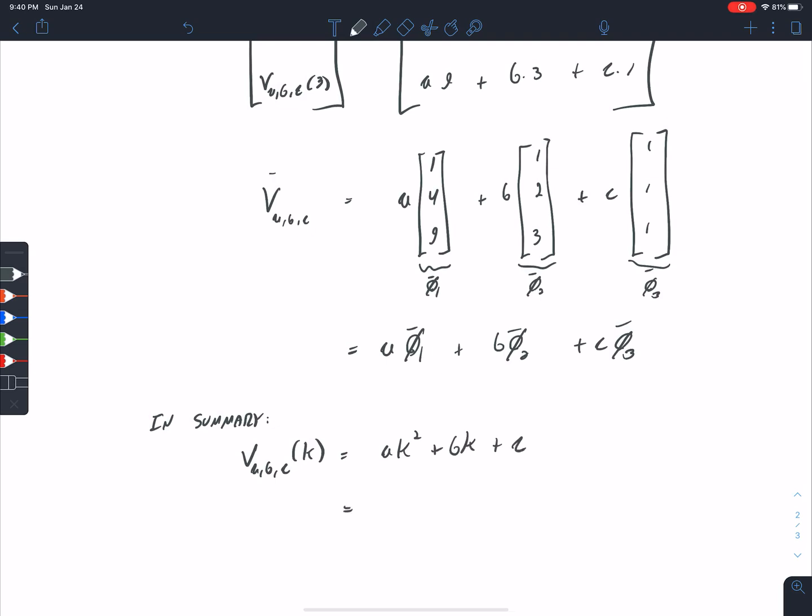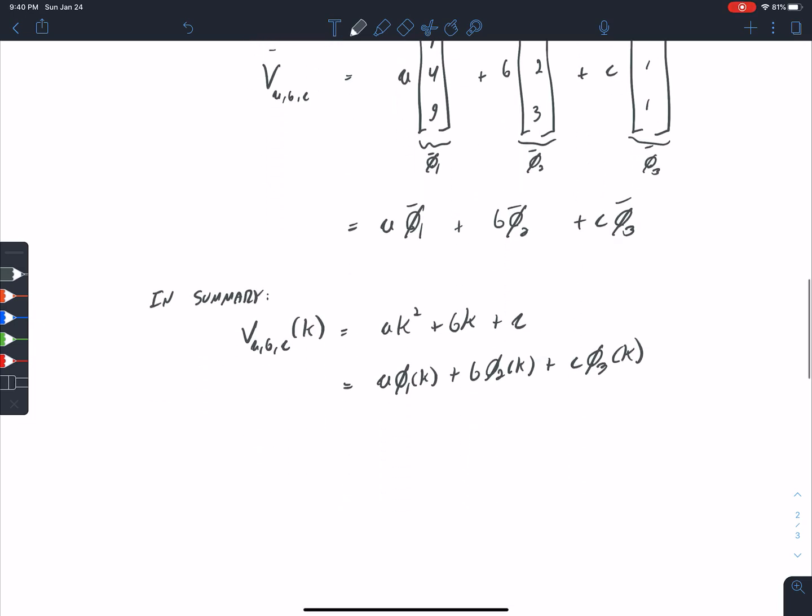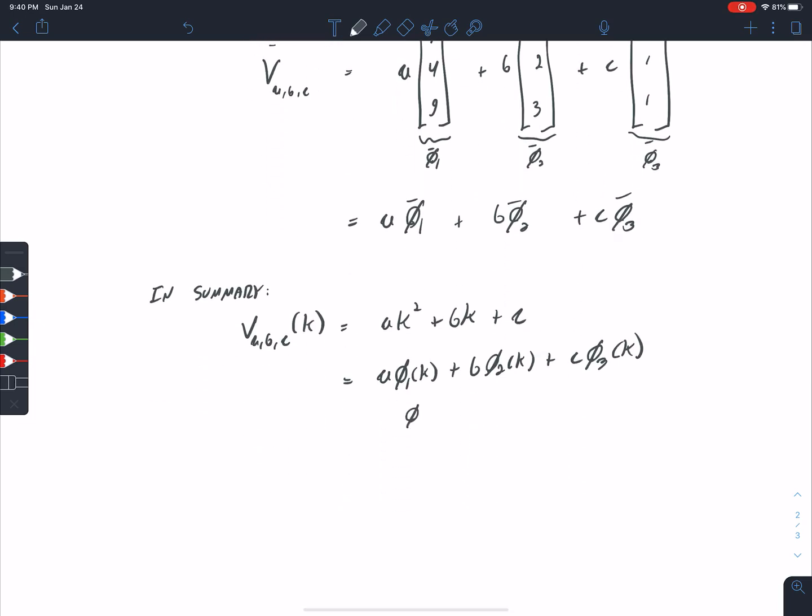We can also write it as a phi1 of k plus b phi2 of k plus c phi3 of k, and in this case phi1 of k will be equal to k squared, phi2 of k will be equal to k, and phi3 of k will be equal to 1.